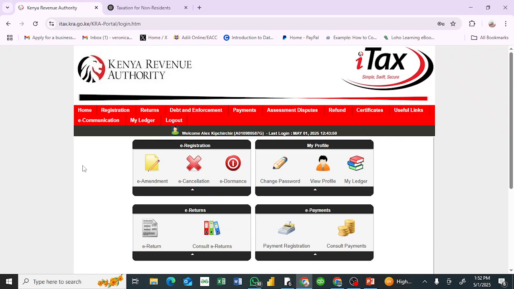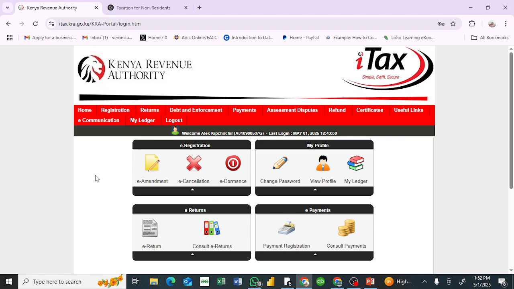So after logging in to your iTax, today we will look at the using ITR option. Remember, we have 2 ways of filing individual income tax.